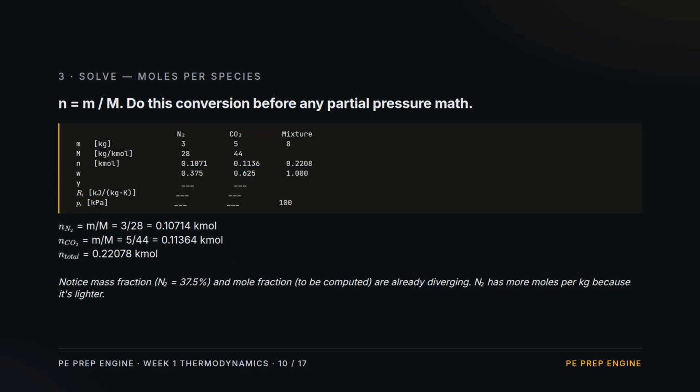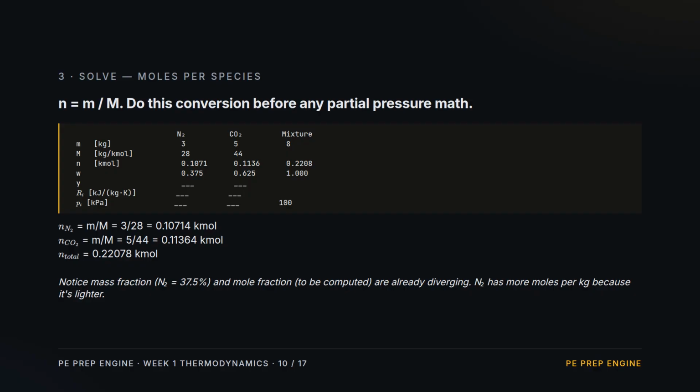Solve. Step 1. Convert mass to moles, dividing each mass by its molar mass. Nitrogen comes out to about 0.107 kilomoles. Carbon dioxide about 0.114. Total about 0.221. Notice nitrogen is a minority by mass, but a larger share by moles, because it's lighter.